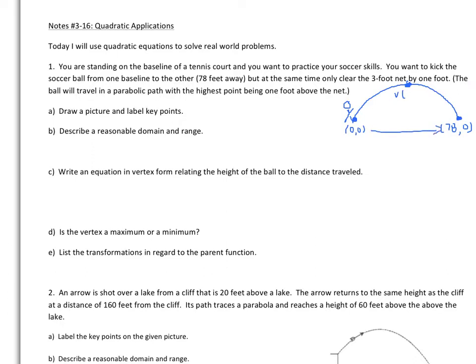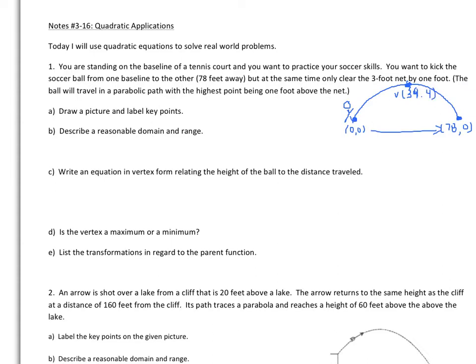The vertex should be halfway. And so half of 78 is 39. So the horizontal distance is 39. And then the vertical distance, they wanted to clear that 3-foot net by 1 foot, so it's going to be 3 feet plus 1 foot, which is 4 feet. So my vertex is 39, 4.